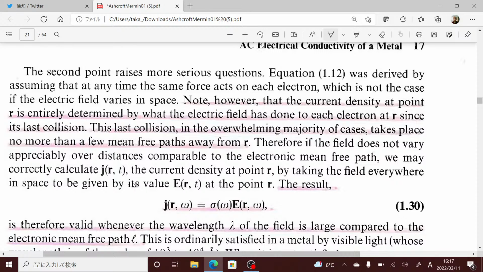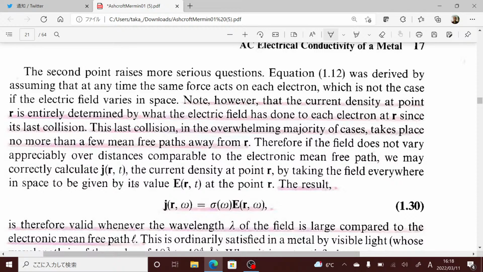The second point raises more serious questions. Equation 1.12 was derived by assuming that at any time the same force acts on each electron, which is not the case if the electric field varies in space.